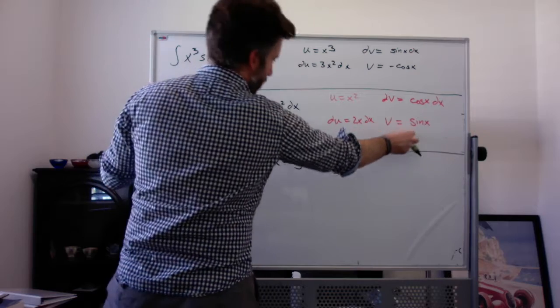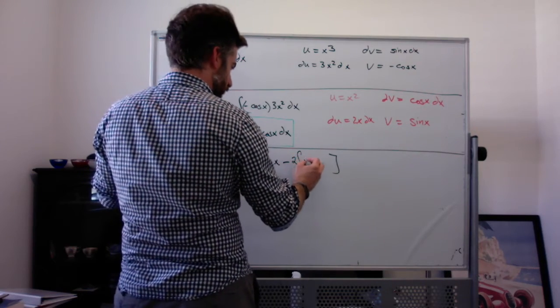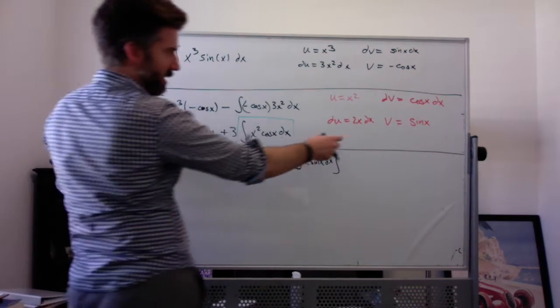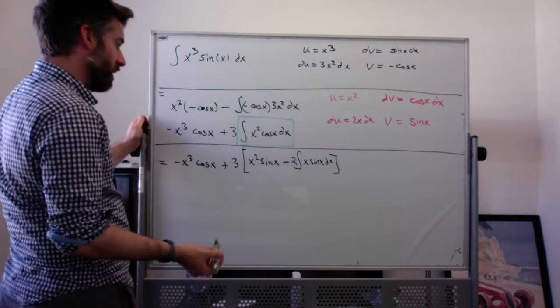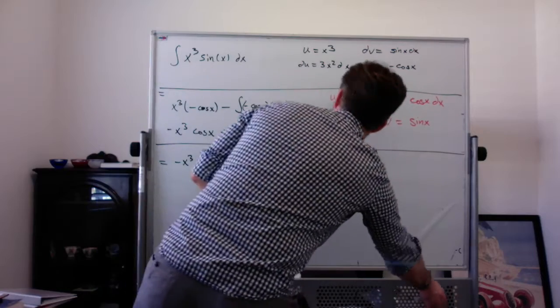So it would be sine of x times 2x dx. Right, it's still the same as minus 2x dx sine of x. I just rewrote it. Okay, so now for this integral here, it's getting a little crazy.